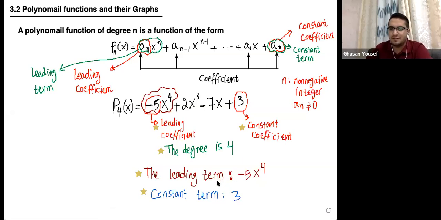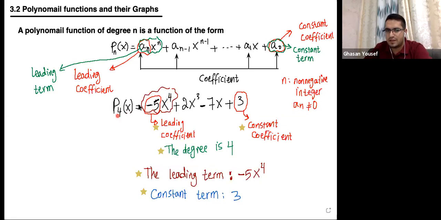Okay, any question for this example? When we say the leading coefficient, it's the number in front of the variable x to the highest power. The leading coefficient is minus 5, the coefficient of x to the highest power.